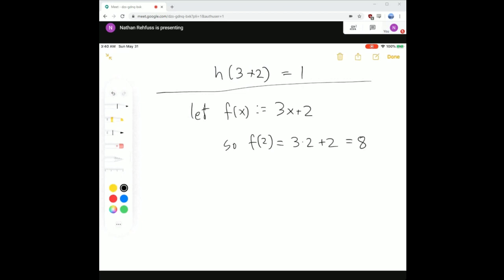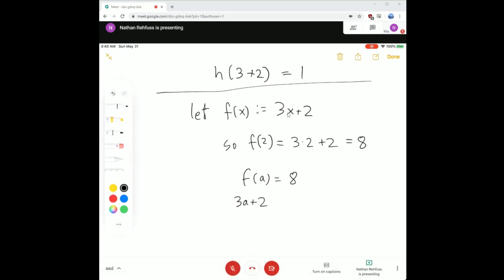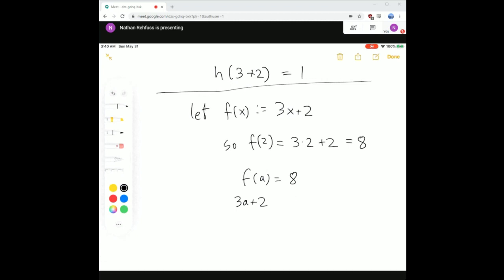If you told me that f of a was equal to 8, so when I did this for g, I got two different answers that were possible. But for a, I know that f of a is equal to 3a plus 2. Whatever you plug in, you get 3 times that thing plus 2. So f of a is equal to 3a plus 2, and that has to be equal to 8.